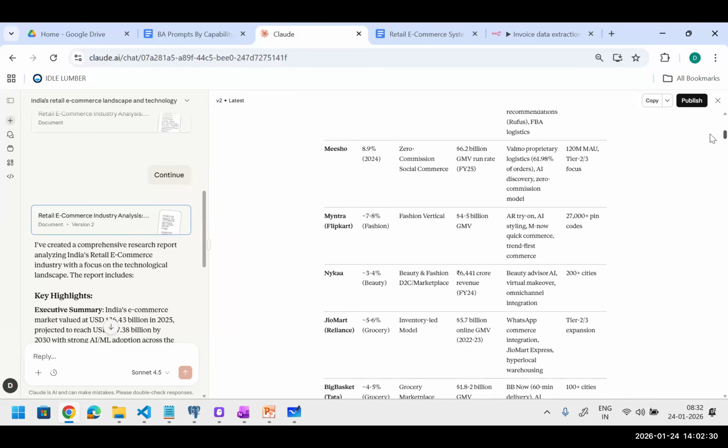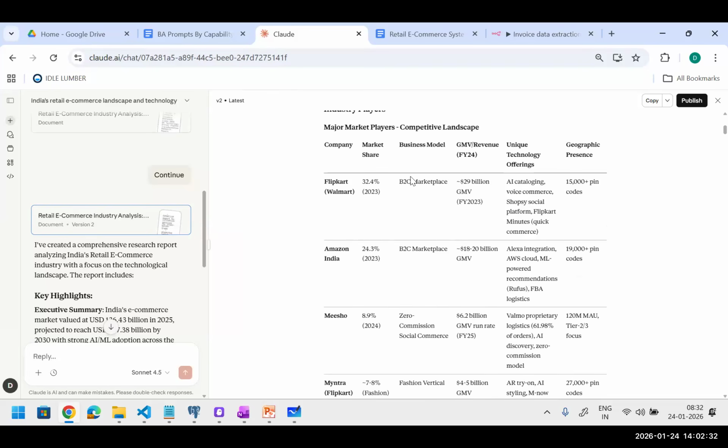These are the players in India, see this, market players. Flipkart, I don't know exactly, is owned by Walmart. Market share is 32%, 24%, and so on. And the geographic presence is very important when we are writing requirements.